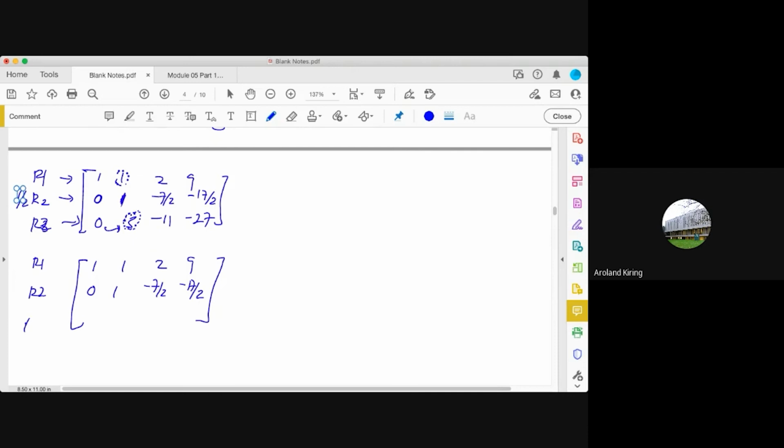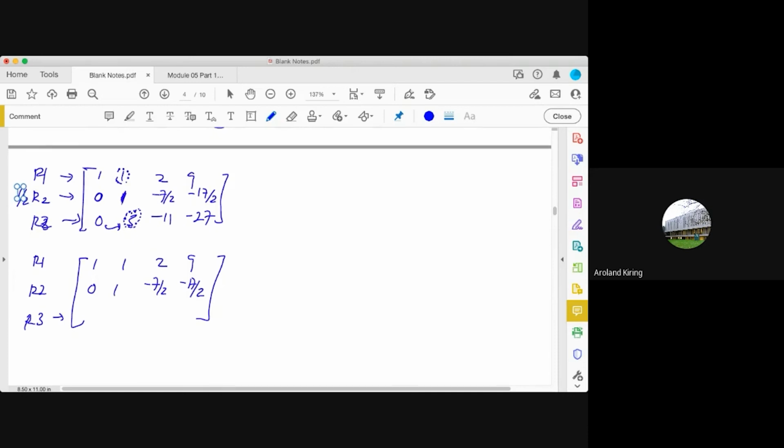But your row 3 will change. So how are we going to get this 3 to become 0? We can choose either row 1 or row 2. But if you look at row 1, this is 1, isn't it? So if you choose row 1, the 0 in row 3 column 1 might get affected.